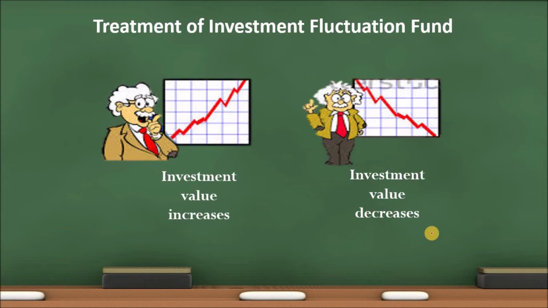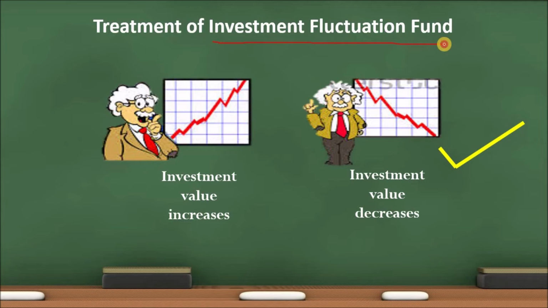So cost will remain the same, but the market value may increase or decrease. Please remember that this fund is used when investment value decreases, because whenever the investment value decreases, it is a loss, and to cover up this loss, we have a fund called the investment fluctuation fund.